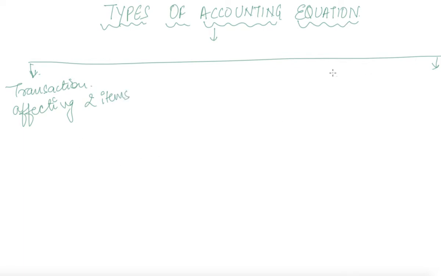On the other hand, the second type of accounting equation are those transactions that affect more than two items.